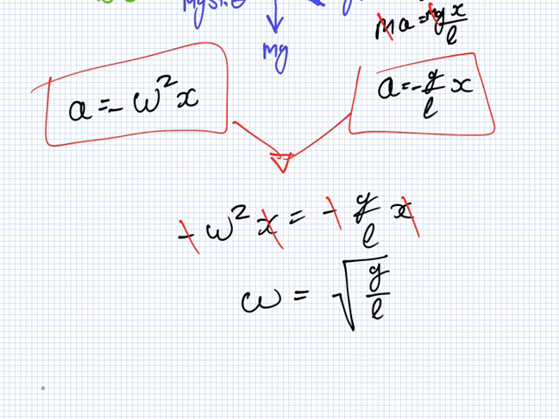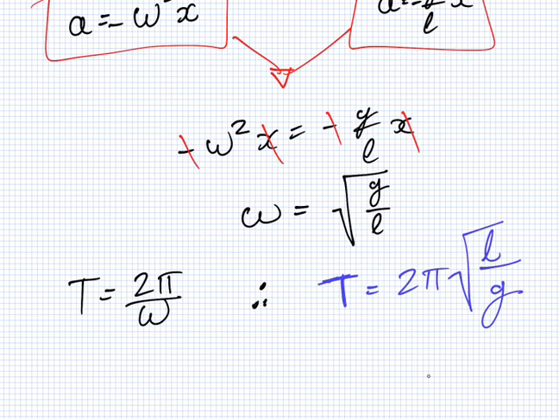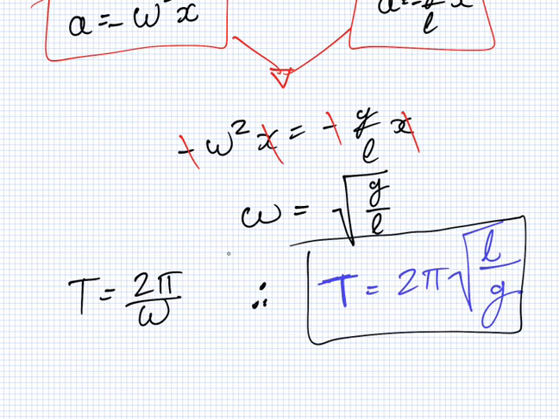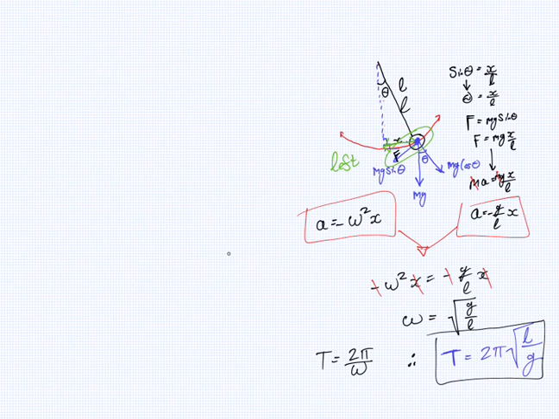Now what's the formula for T? 2 pi over omega. So here's the result. We therefore have T equals 2 pi root L over g. That's the periodic time.